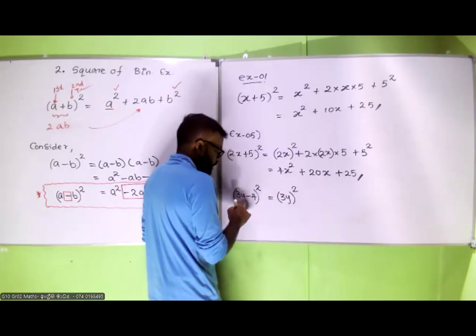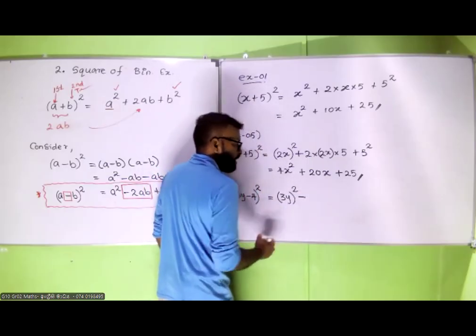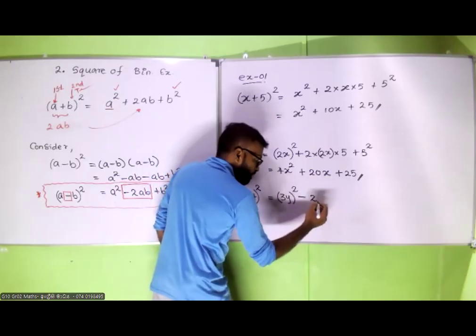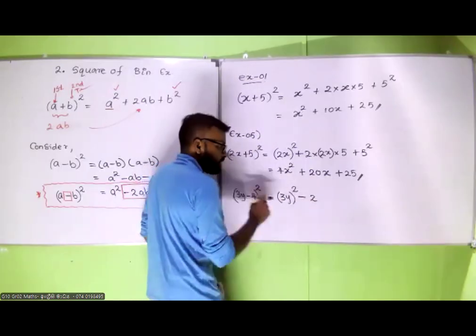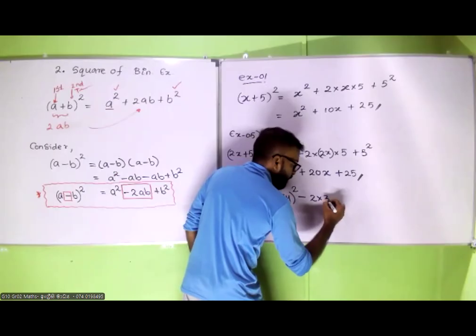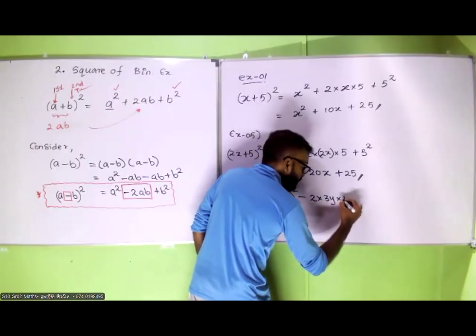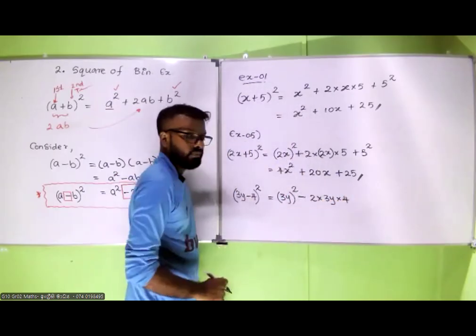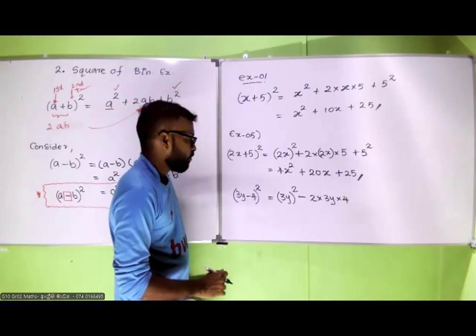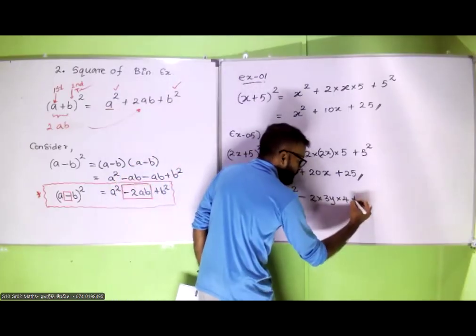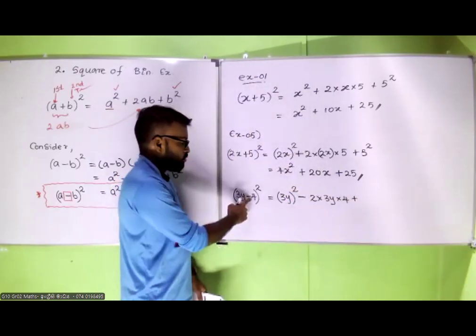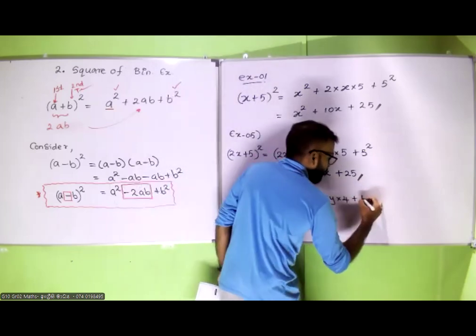Then you put minus sign, 2 times the product of these two terms, 3y multiplied by 4. Then plus the square of the last term, 4 to the power 2.